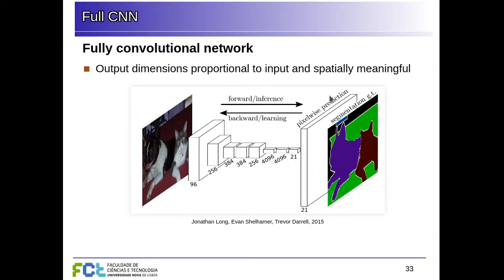This can be used for image segmentation. For example, in semantic segmentation, we have one color representing the sofa, another representing the cat, another representing the dog. So the neural network is identifying which pixels correspond to which entities in the image. And this can be done with a fully convolutional network, where the output is also a feature map indicating these different categories.